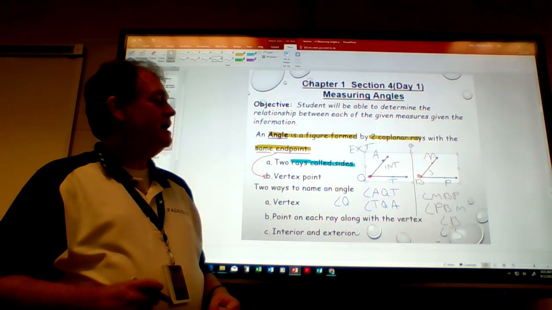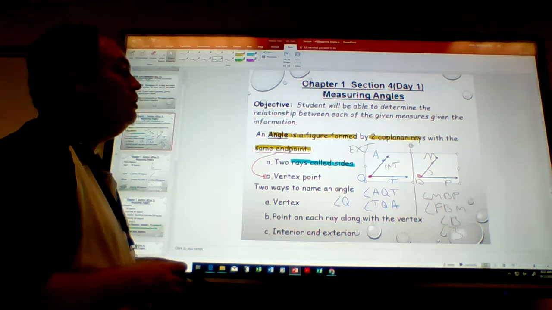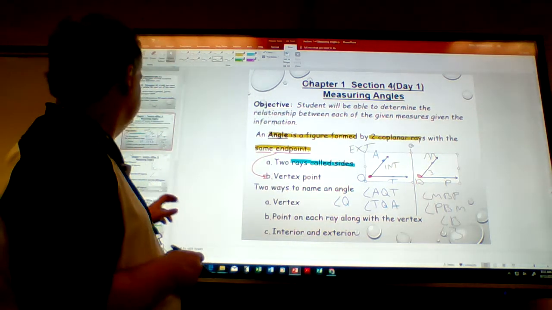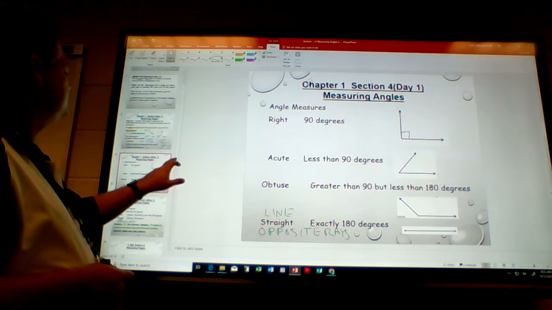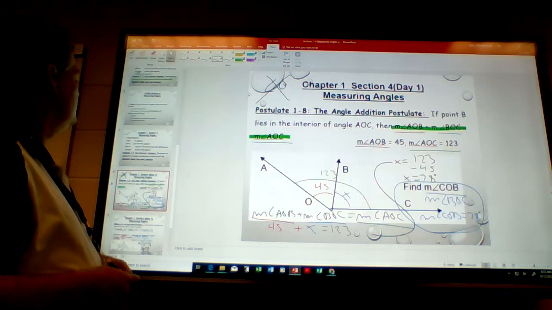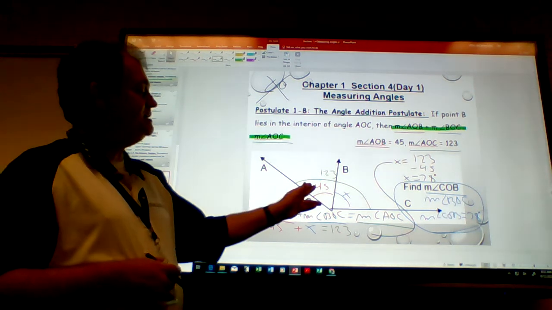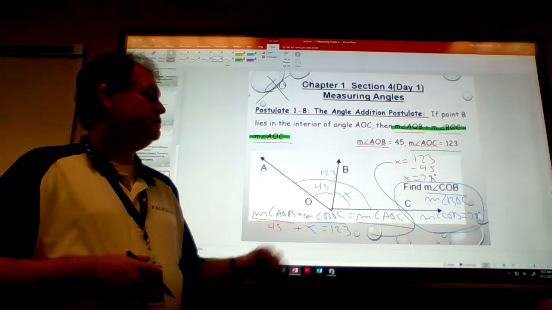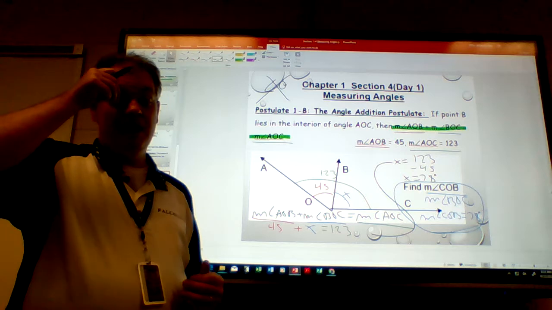And if it's a standalone angle, where it's by itself, then you can just name it by its vertex point. Or if there's a number on the inside, then you can name it that way. All right, the types of angles and the angle addition postulate. The angle addition postulate says basically that if one part plus another part equals the total big angle, so red plus blue equals the green.